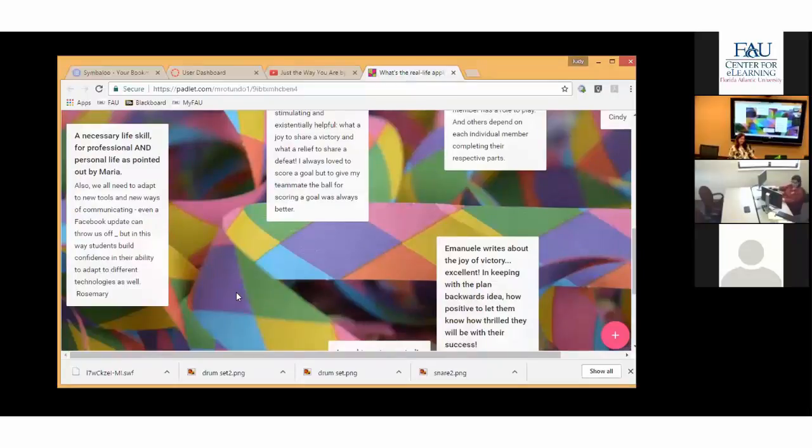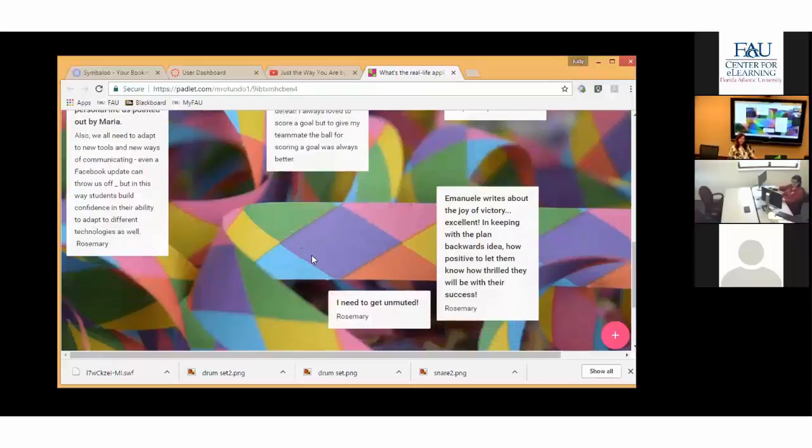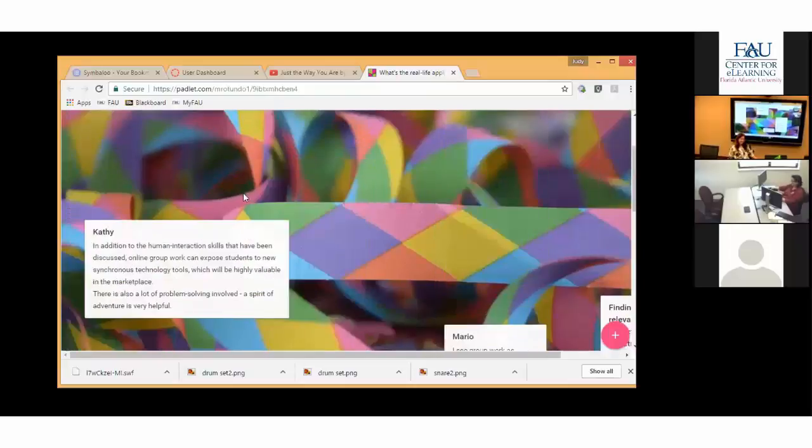But the fact of the matter is we always have to adapt to new tools and even new versions. We get a new version of Facebook and everybody's like, oh no, what do I do now? So I think it's important to just keep that rolling, and it's low stakes, like we mentioned earlier as well. It is very important to keep adapting constantly to new technology, new versions, or just new technology in general. Yeah, definitely.